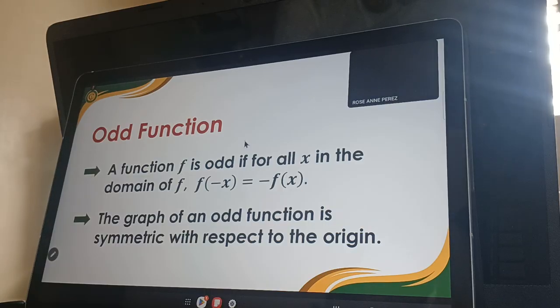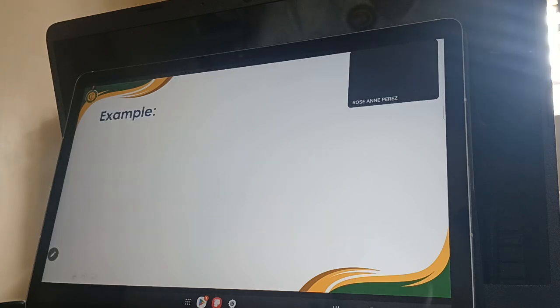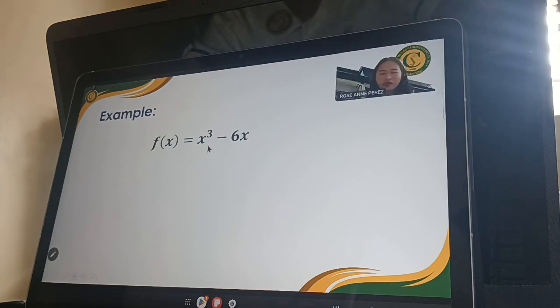Okay, for example, let's try to solve this function. We will have f of x equals x cubed minus 6x. To identify if it is even or odd, all we have to do is make our x variable negative.